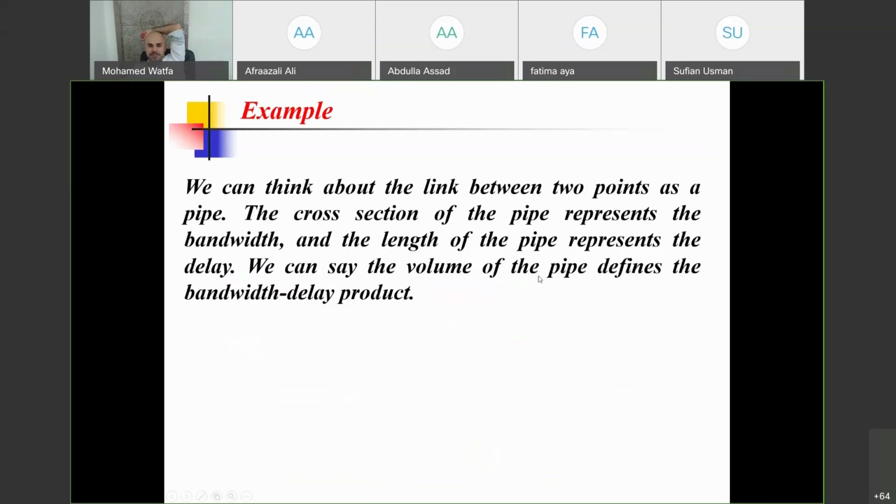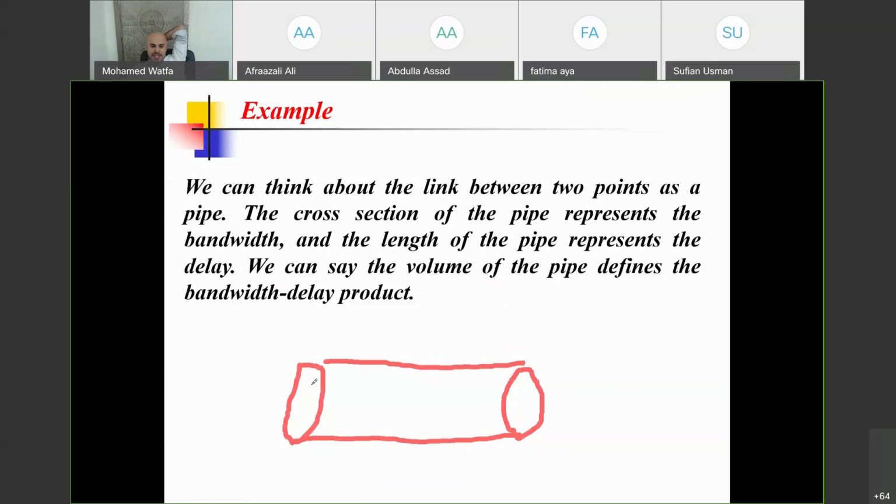We could do another question. Again, think about it as a pipe, a cylinder, where the cross section represents the bandwidth. The length of the pipe is the delay.